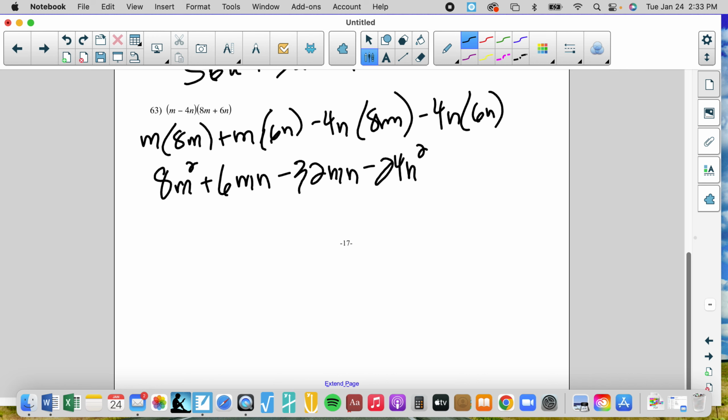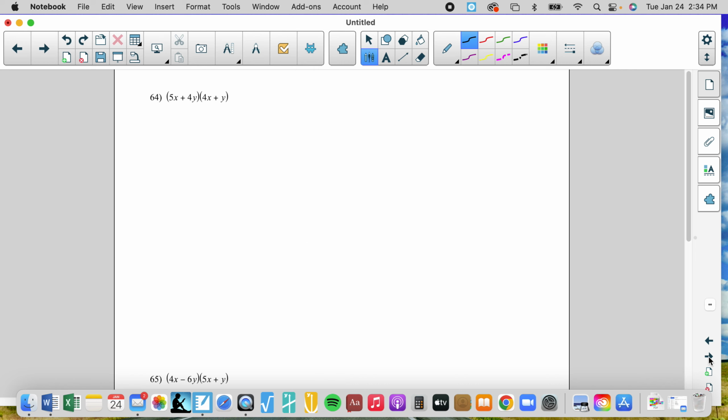Oh, that's a good one. 8m squared, positive 6 and negative 32 gives you negative 26mn minus 24n squared. 2 more, I think. 64 and 65.